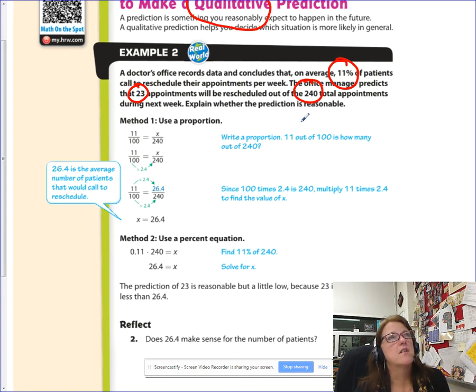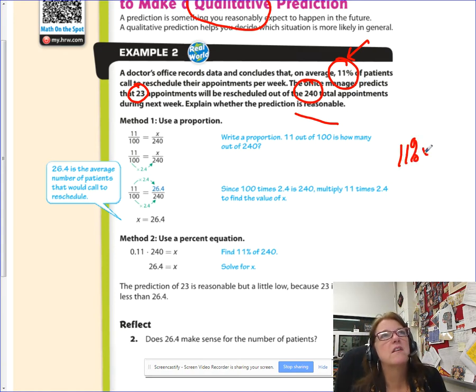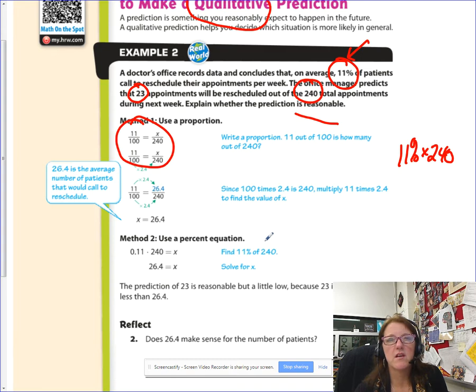By saying qualitative, they're saying, is that prediction reasonable given the statistics or the data and information you have? So here's what I would do. I'd say, well, let's figure out what 11% of 240 is. If you like the proportion way, that's how you'd set it up.